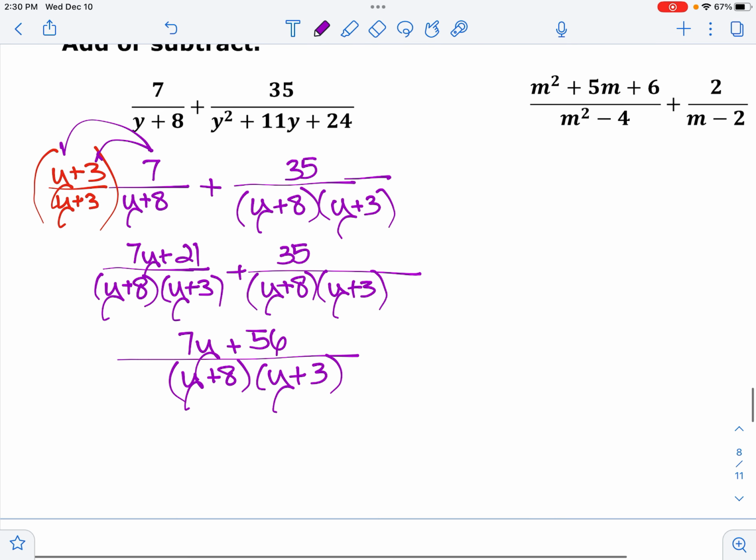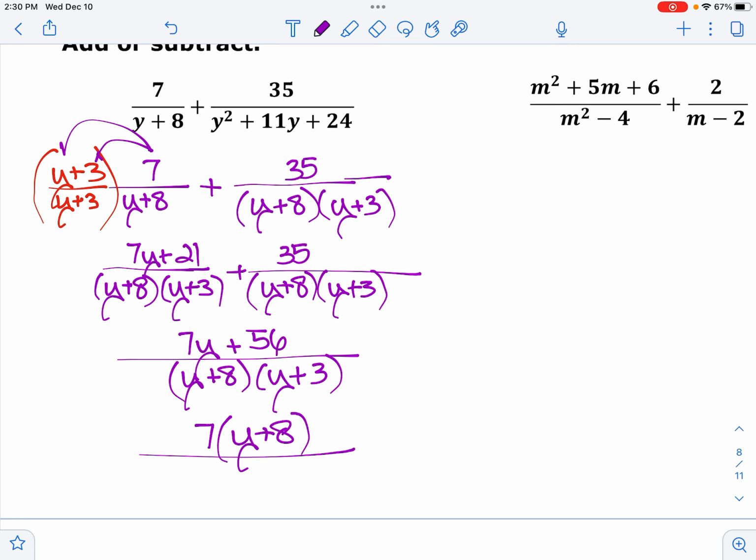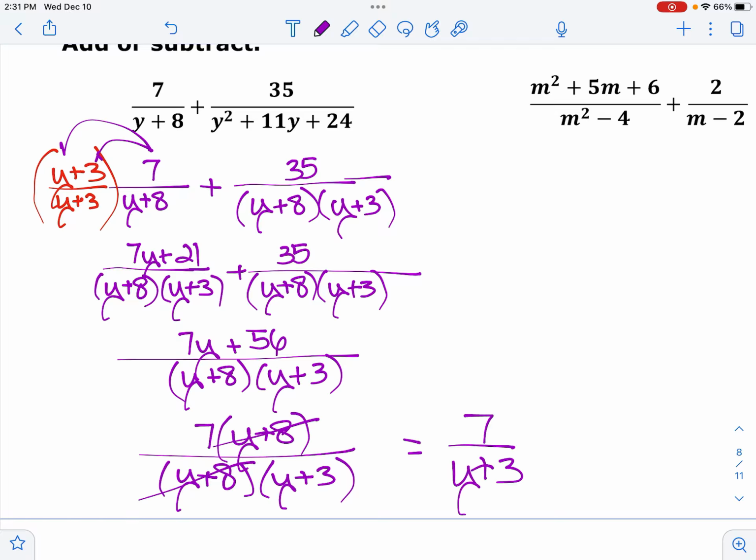This would be 7, y plus 8. Denominator is there, and then these cancel. So my final answer for this one would be 7 over y plus 3.